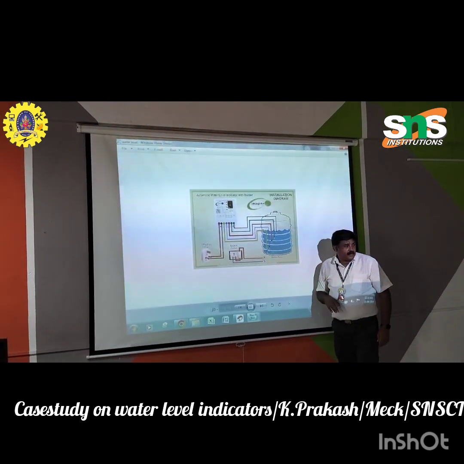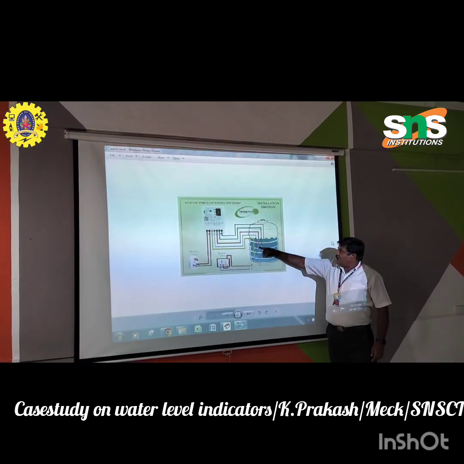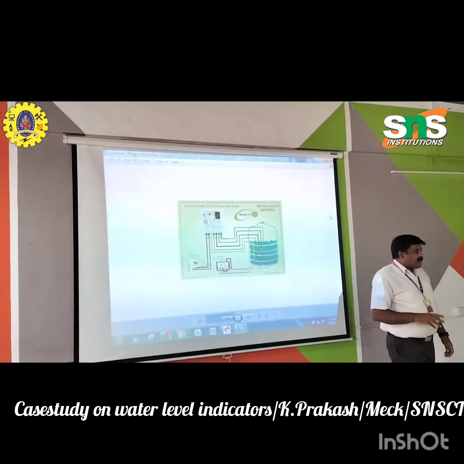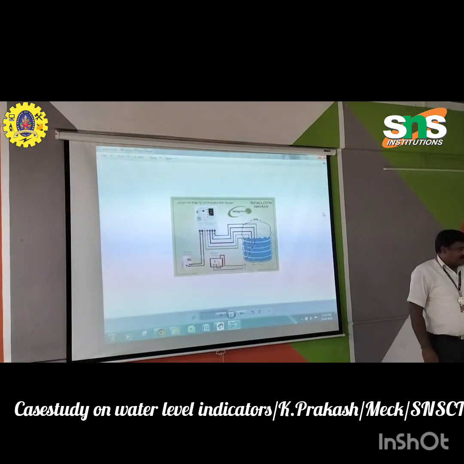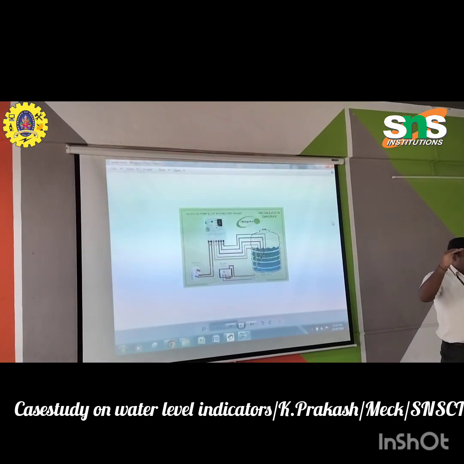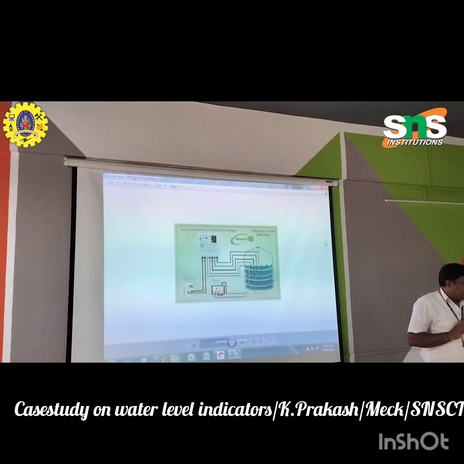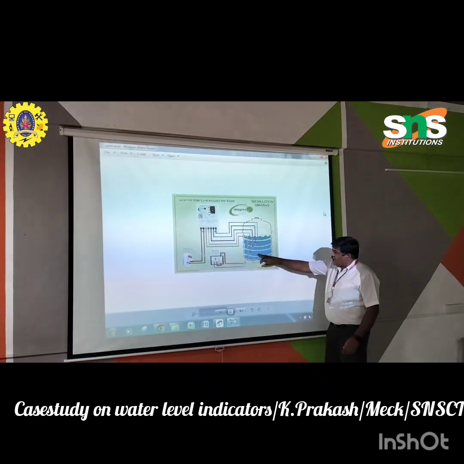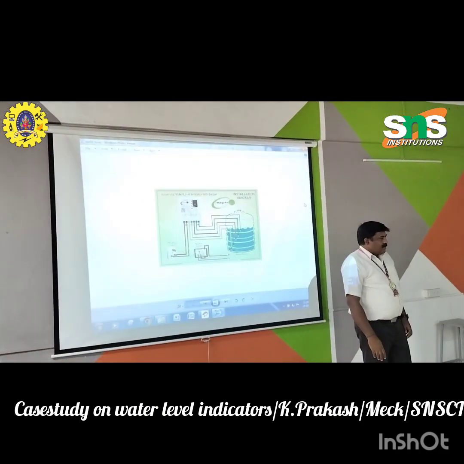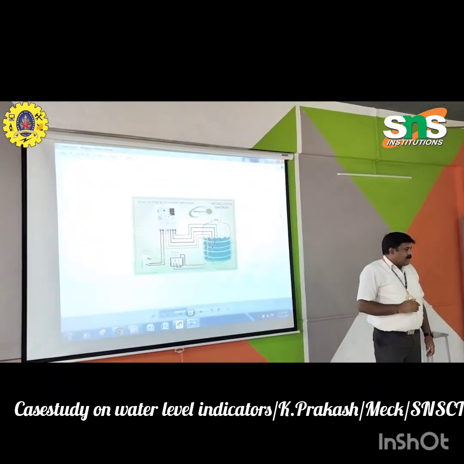When the water level reaches the topmost surface, the sensor senses it and gives us an alarm. We can fix an alarm for the topmost, the intermediate or the low level. When the water reaches the intermediate level, the sensors give an alarm so that we understand it is at the intermediate level.